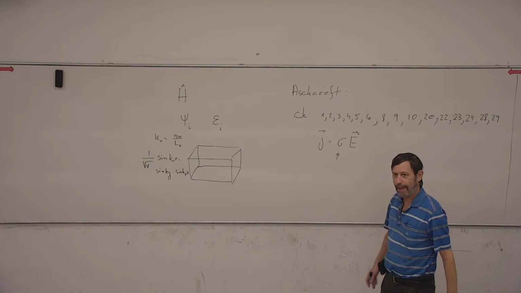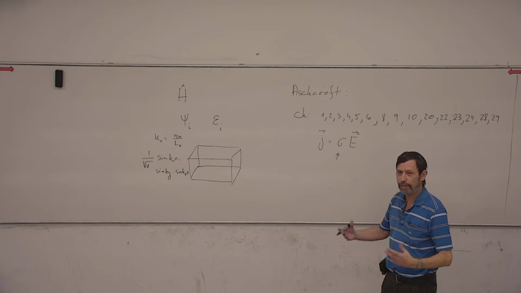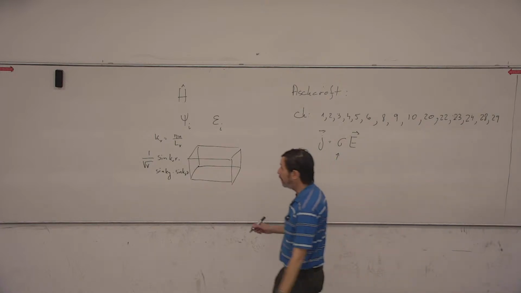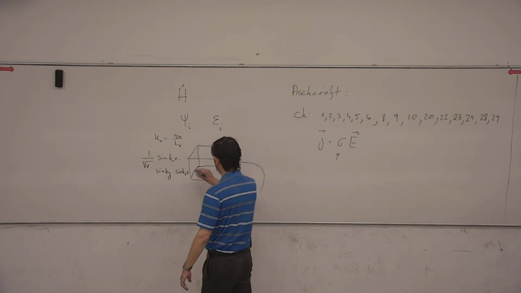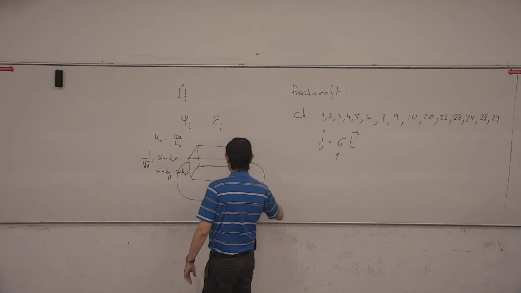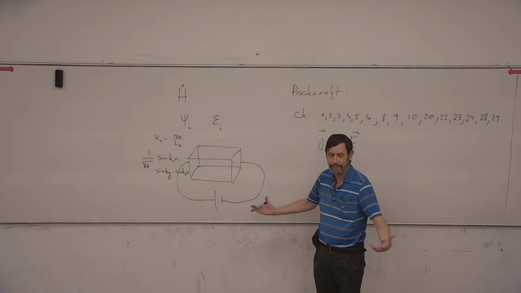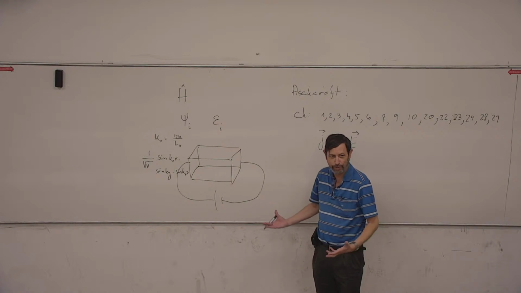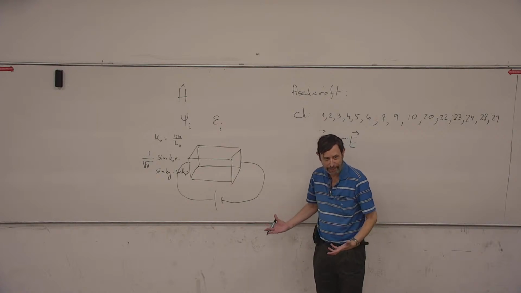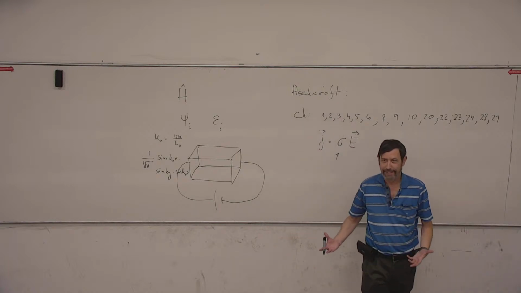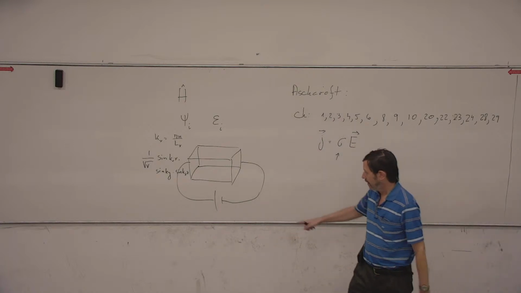If you ever played with a battery and a light, if you didn't connect this thing to an external lead, no current will go through it. You can stir it till tomorrow. Nothing will go through it. You just need to make it periodic, so that the ends equal each other, rather than a potential well.